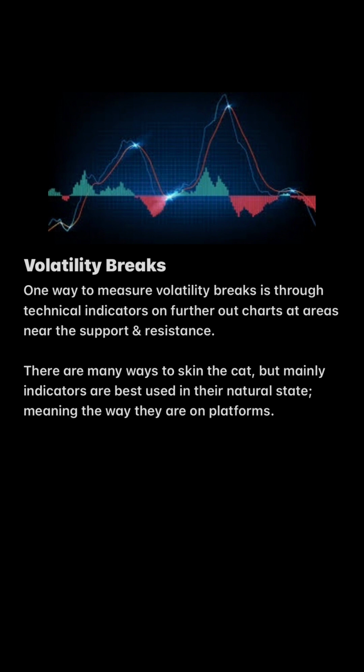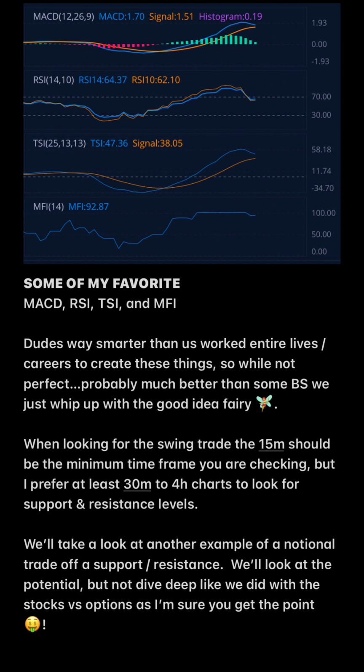And what I mean by that is utilize these indicators that enhance your chart already, that are already on your platform. You don't need to fix them or anything like that. Just use them the way they are, because you're only utilizing them to confirm what you already have on your main chart. Now, here's some of my favorite ones: the MACD, RSI, TSI, and the money flow.